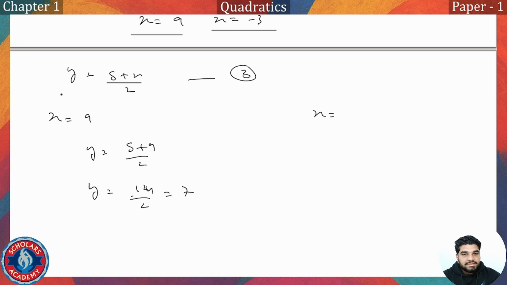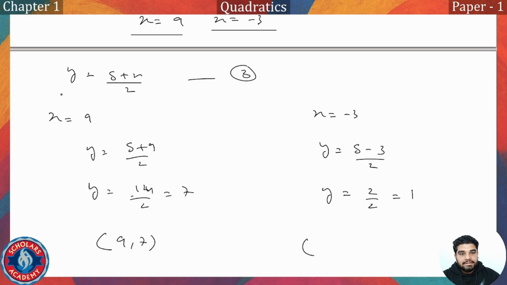And for x is equal to negative 3, we get y is equal to (5 minus 3) by 2, that is y is equal to 2 by 2, that is 1. So the coordinates are (9, 7) and (negative 3, 1).